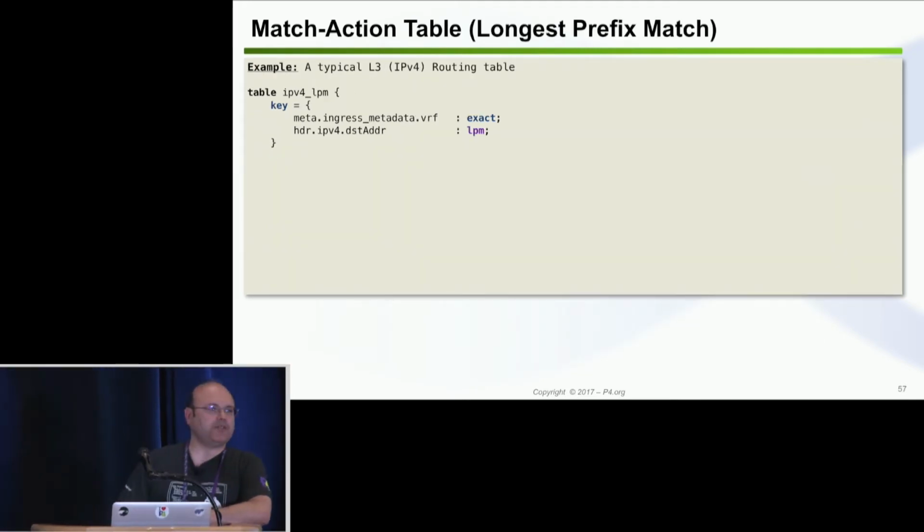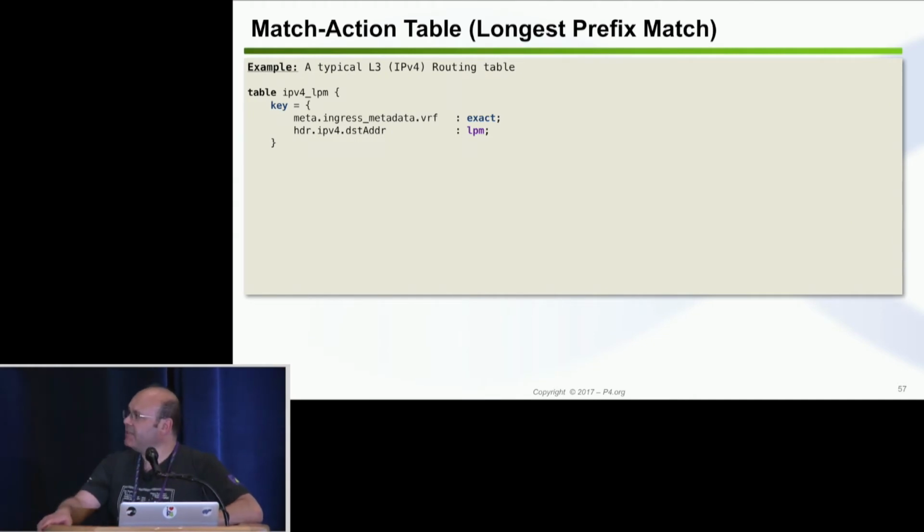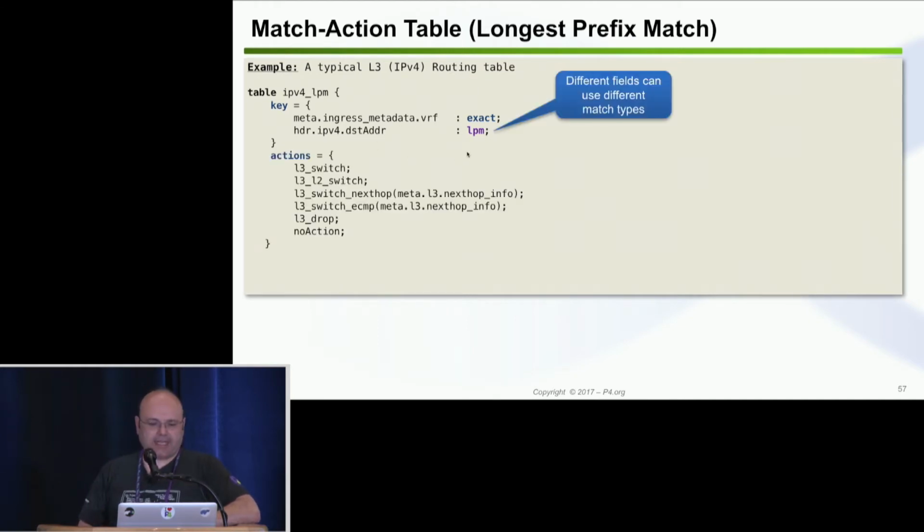Now, suppose we would like to define a routing table. It's actually very easy. The only thing I need to change is the match type in the key section. Now I decided to use the LPM match on the destination IPv4 address. I added some extra actions, and I showed that if I'm using actions with directional parameters, I need to specify the parameters right here, because I need to say to which particular structure I want to apply this action.